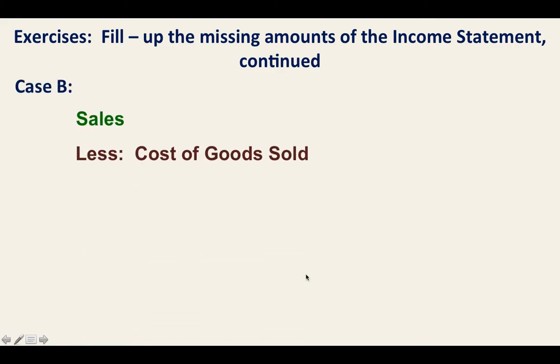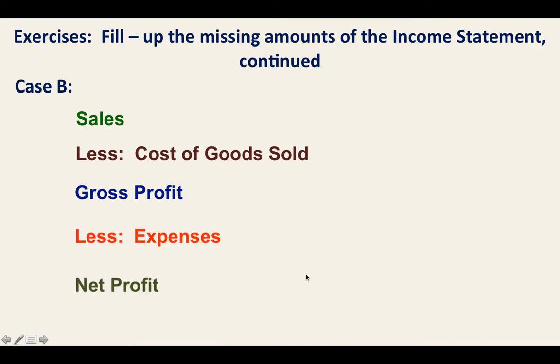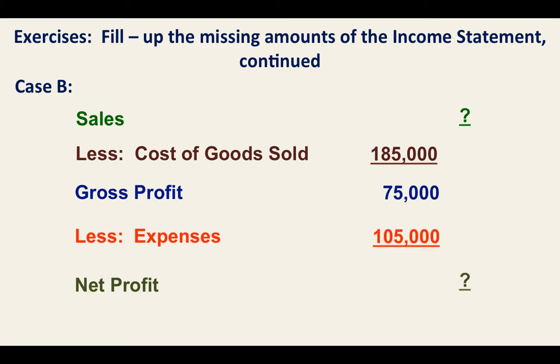Okay? So let's go with another case. Sales less cost of goods sold equals gross profit, less expenses equals net profit. So if our sales is missing, our cost of goods sold is 185,000, our gross profit is 75,000, our expenses is 105,000 and our net profit is missing.